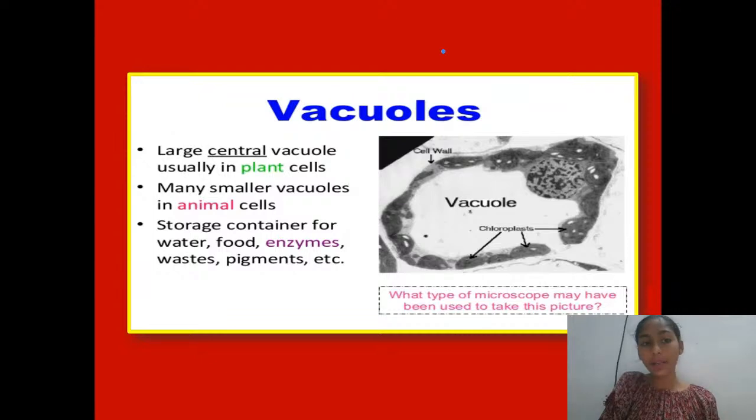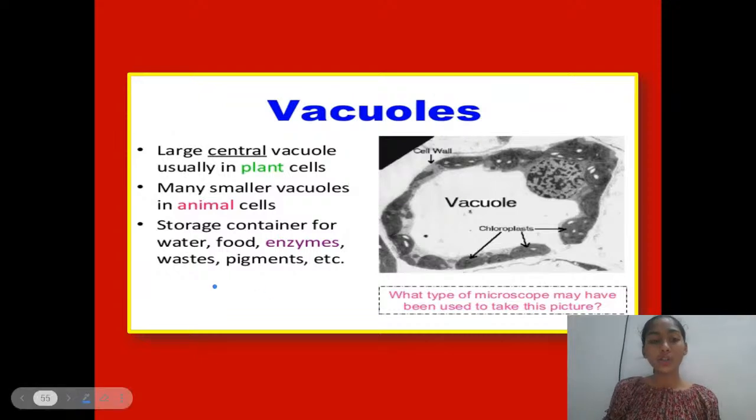Vacuoles are smaller in animals and larger in plants. They are storage containers for food, water, enzymes, waste, pigments, etc. So the main function of vacuoles is storage, and they are large in plants, smaller in animals.